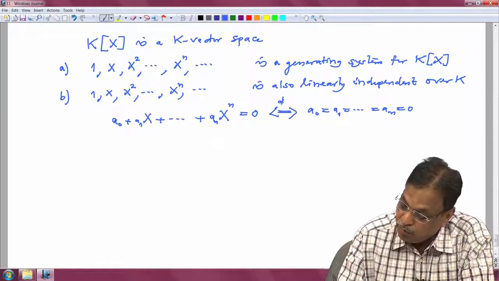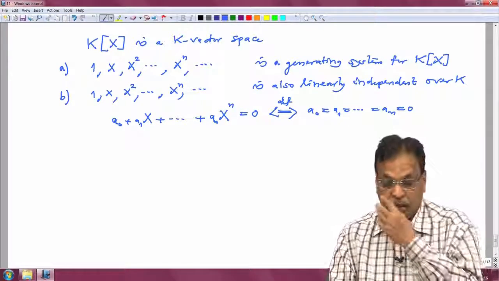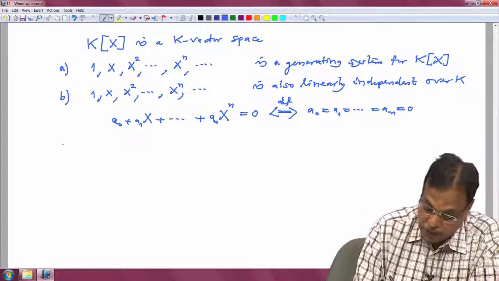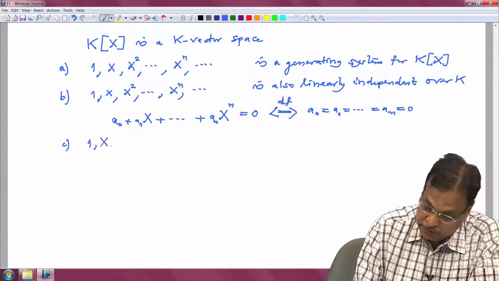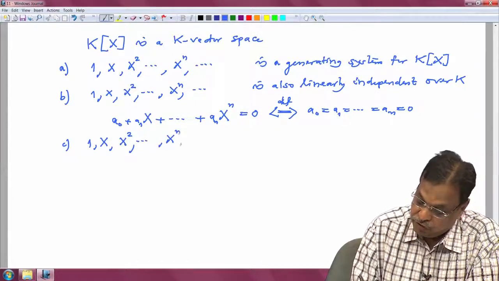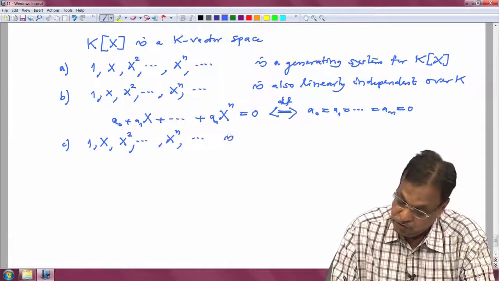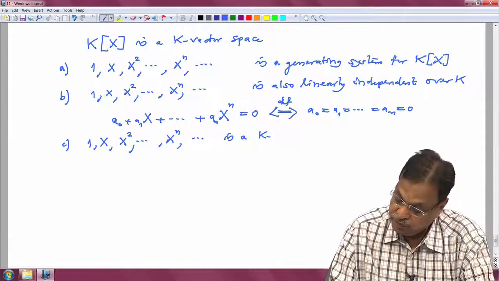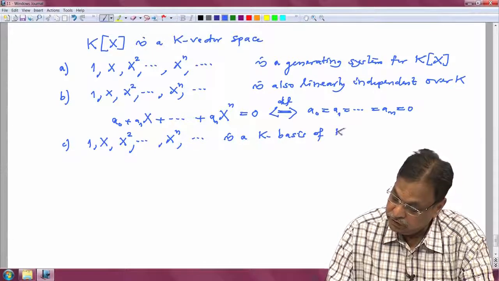This is the definition of a polynomial. So, putting together, 1, x, x square, etc. is a K basis of K[x].